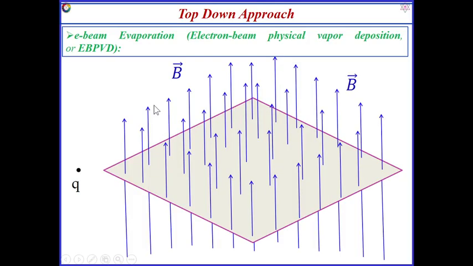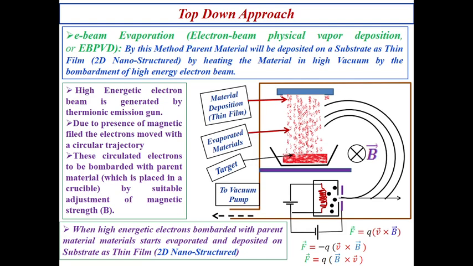Here, in the case of e-beam evaporation, I made a small mistake. I said the magnetic field direction will be inward to the page or the screen of the computer, but actually it should be outward. Here I am going to explain, you just watch.